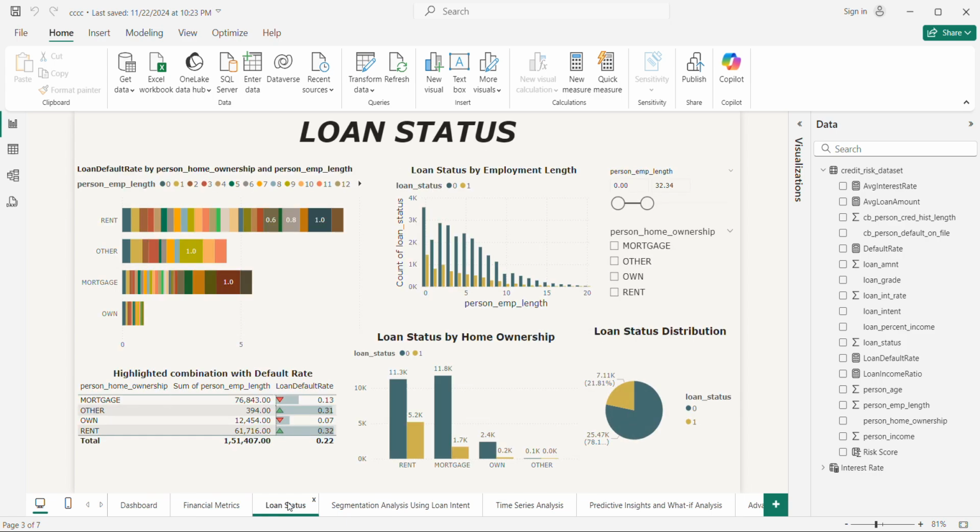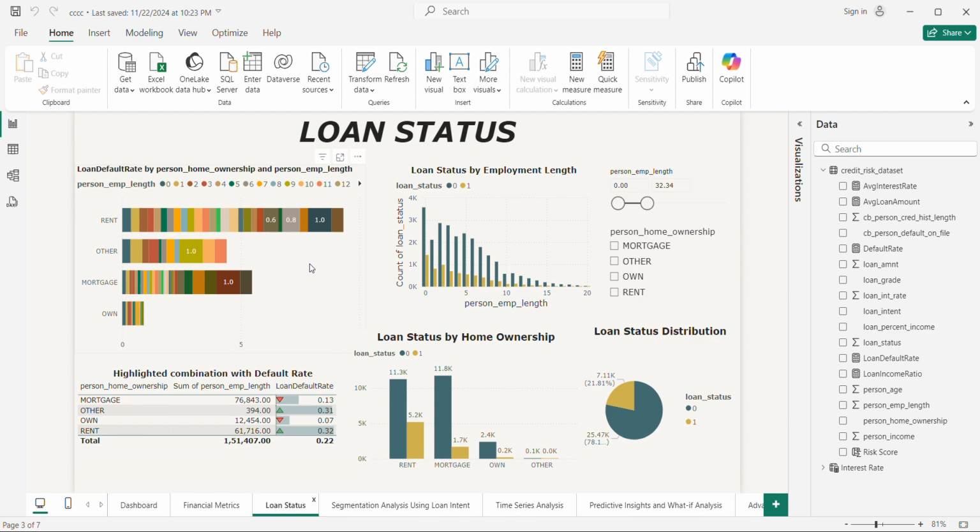Then move forward to the loan status. This slide shows all the insights based on the loan status. The first bar chart shows the loan default rate, which is a calculated measure, by person home ownership.